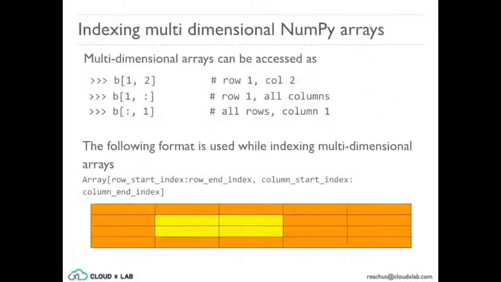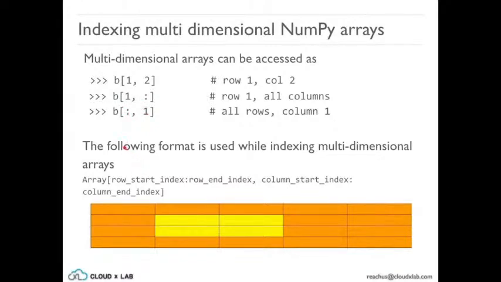You can also create slices on multi-dimensional arrays. So if you had something like a multi-dimensional array, you can also declare it. So if you want to access the first row, second column, B[1, 2]. If you said B[1, :] with a colon over here, it basically means in row 1, please access all the columns. Similarly, if you put a colon in the first one and 1 here, it says on the first column, all rows.